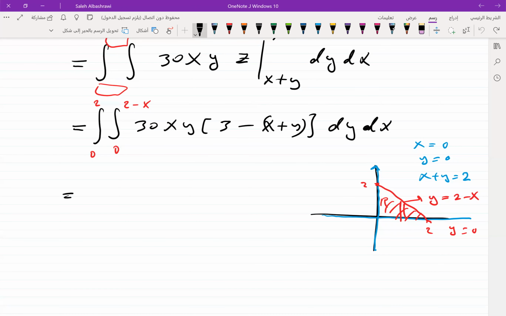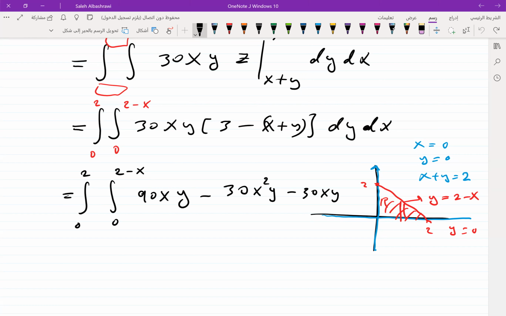This is equal to the integral from 0 to 2 for x, and 0 to 2 minus x for y, of 90xy minus 30x squared y minus 30xy squared, dy dx.